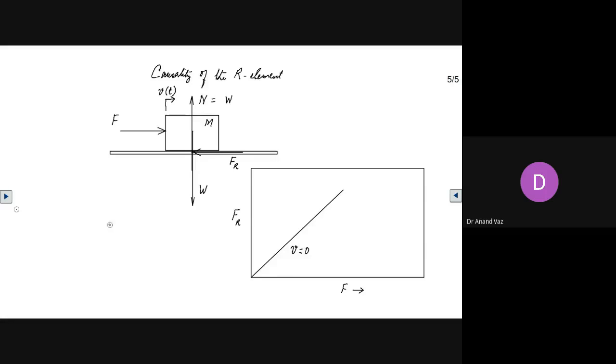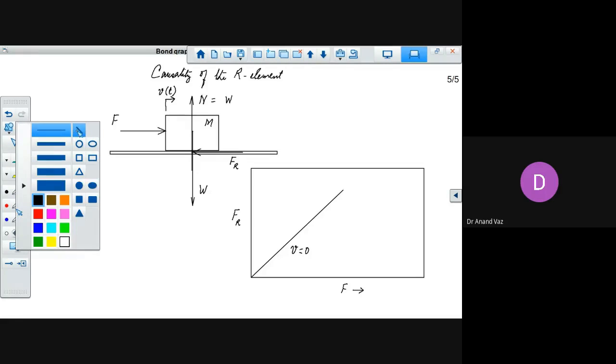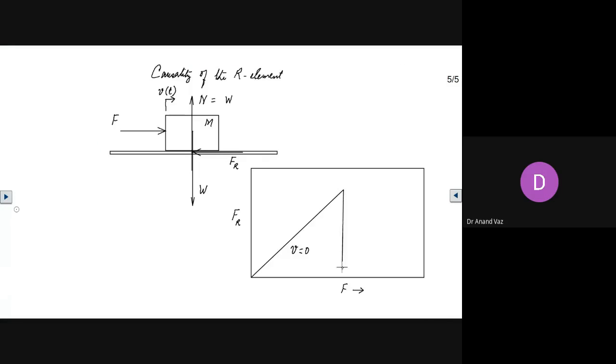And whatever force is applied is also the same as the force of friction that is experienced. Whatever force is applied, you get the same frictional force.